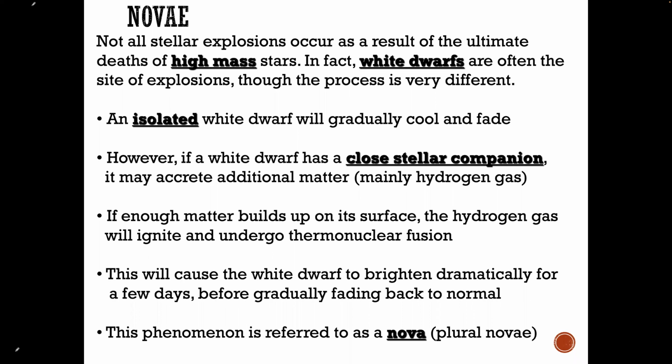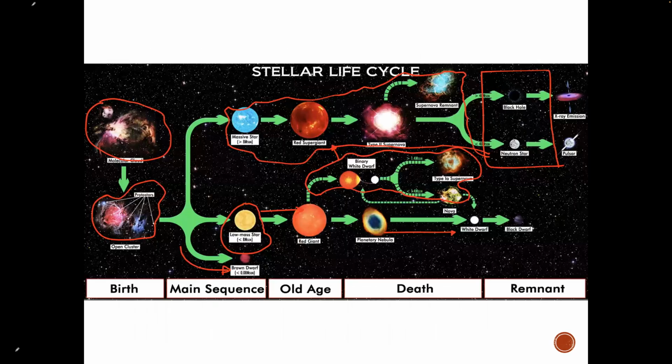Right. Now, let's look at the other types of supernovas, right? Especially how nova and supernova occur for the low mass stars at the same time, because now we are talking about supernova. So what I am now talking about is this part right here, right?